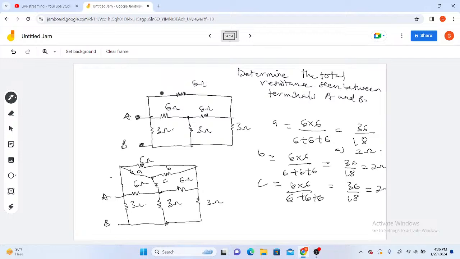Now we've transformed our A, B, C, and let's replace them with the respective values. A is going to be 2 ohm here. Our B, likewise, then our C. So I have another 2 ohm, another 2 ohm. 2, 2, 2, right? And we've transformed the delta to star, so there is no need for the delta here.